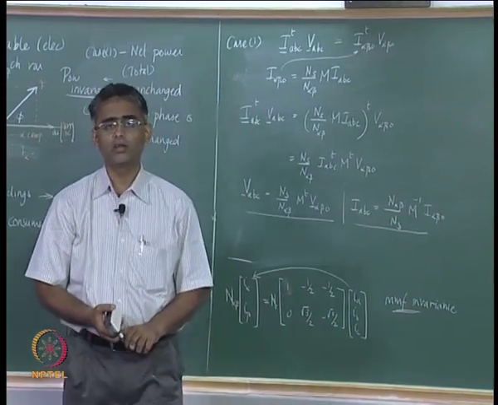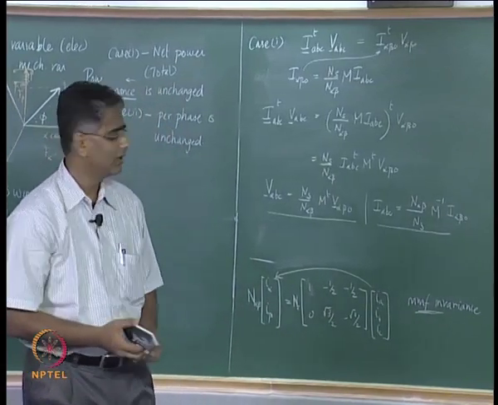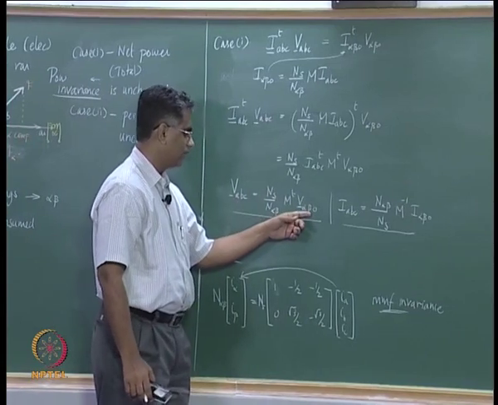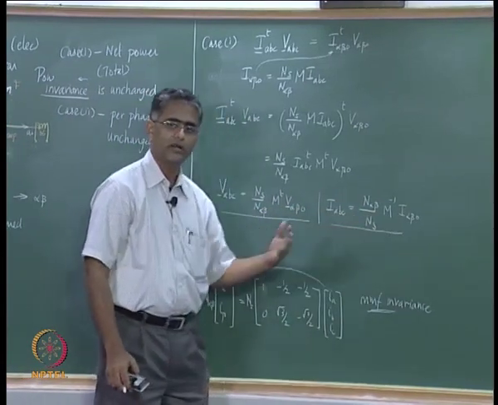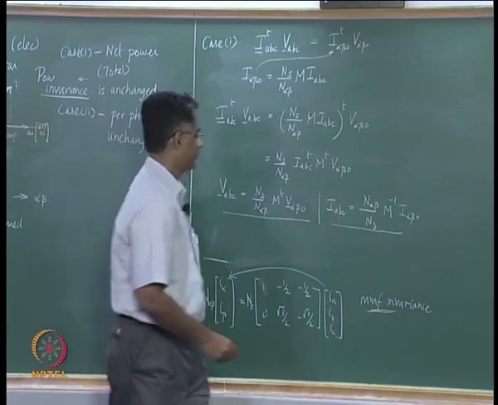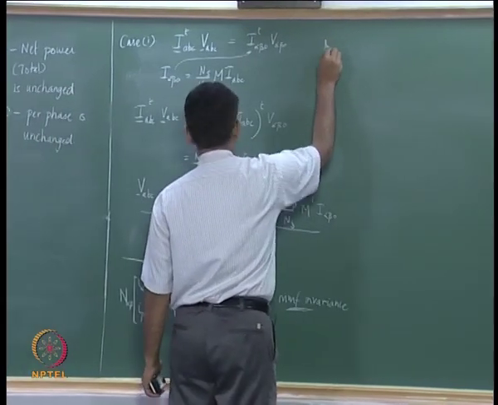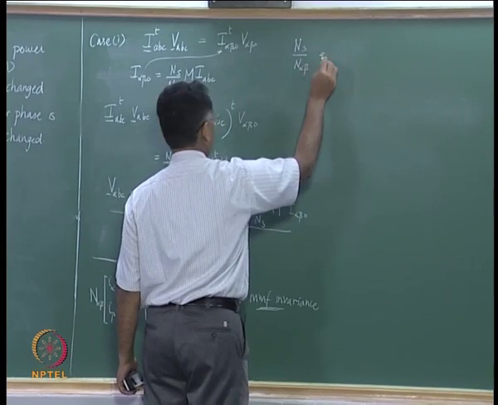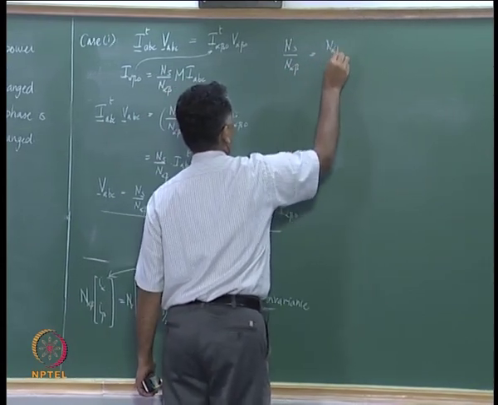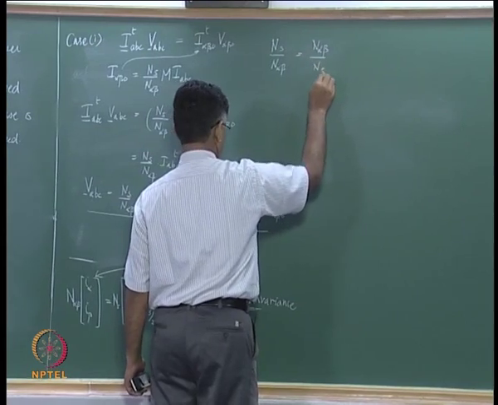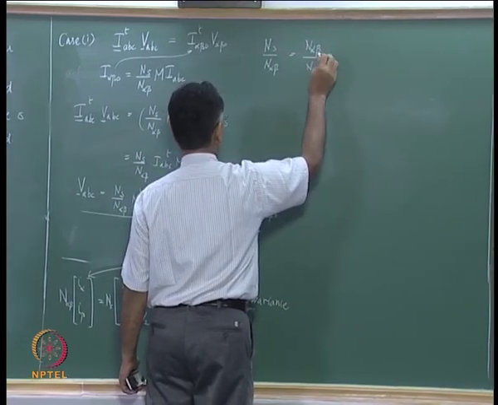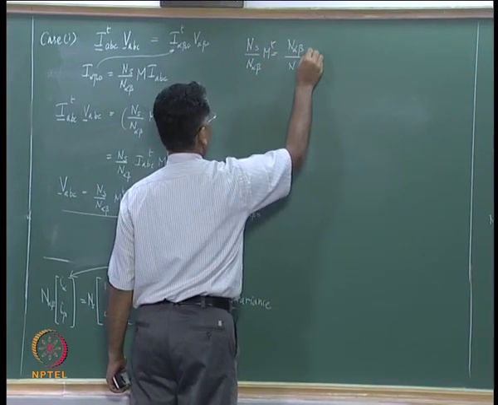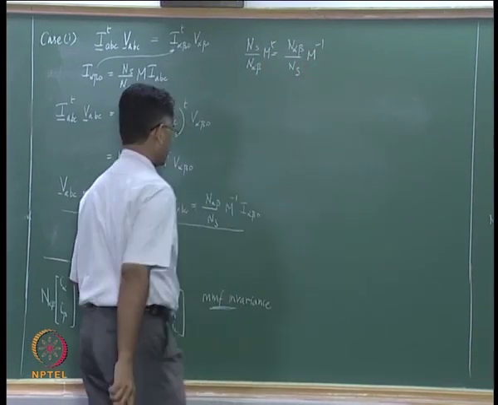Now, we could retain it like this, but it would be simpler if the relationships between V and I are identical, which means that what we want is ns by n alpha beta multiplied by M transpose must be equal to n alpha beta by ns multiplied by M inverse.